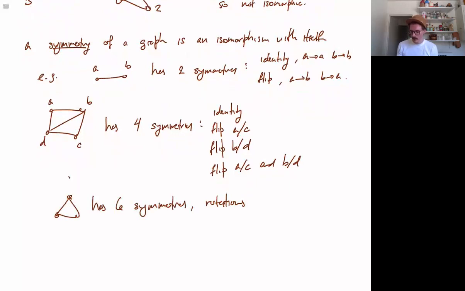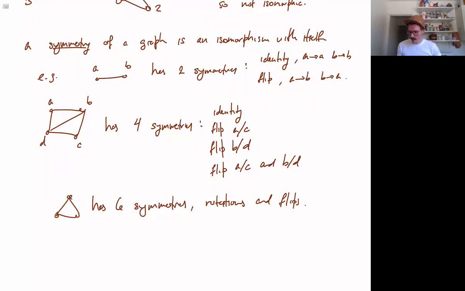So you can rotate by 1/3 of a turn or rotate by 2/3 of a turn. And flips. So you can flip across this line of symmetry, or this line of symmetry, or this line of symmetry. And I guess that's 5 things I said before already, but there's also the do nothing, the identity. That's 6.